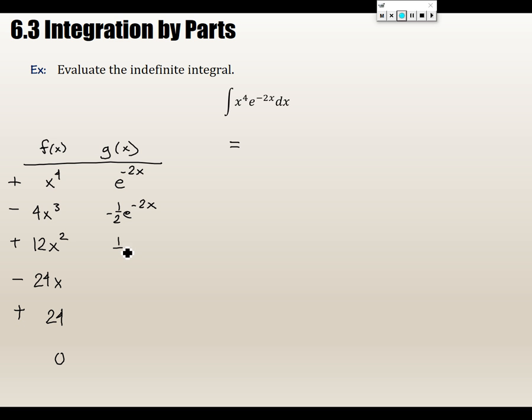So what do we get here? 1/4 e to the -2x, -1/8 e to the -2x, 1/16. It's almost like you could write a rule for this. -1/32. All right, here we go.